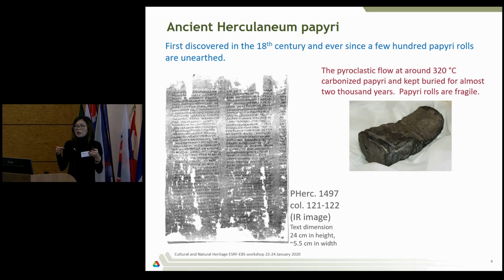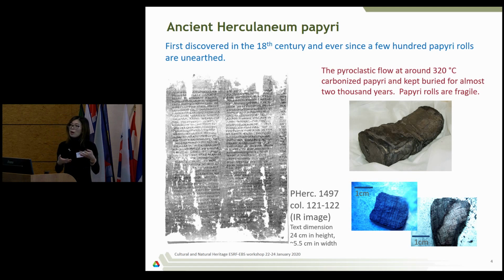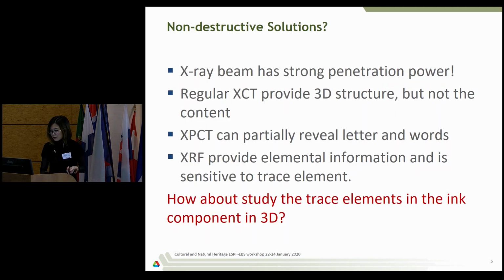You can see it's a big chunk of black carbon type of roll, so it's impossible to open. That's a lucky case, but most of the time we find them broken or damaged, and there are small fragments scattered around the site like these. So these are the samples we scanned for this research.